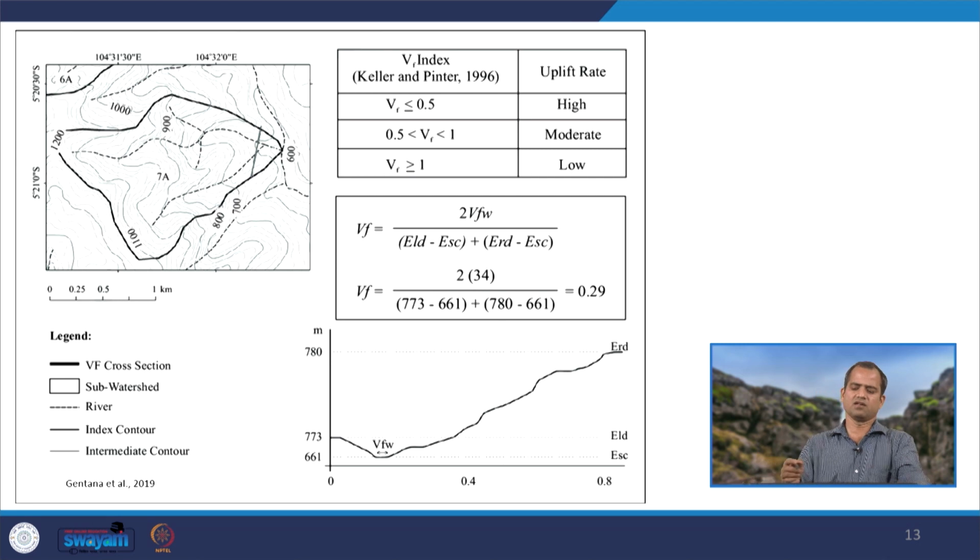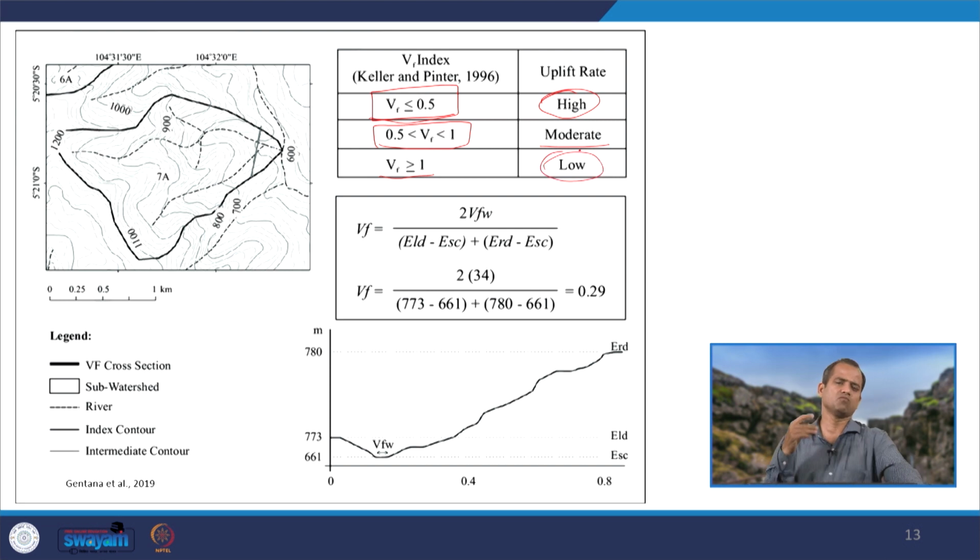And here, if you see, the uplift rate can be interpreted from this VF ratio. If VF is less than or equal to 0.5, that is called a high upliftment rate. Here it will be a V-shaped valley, and if it is 0.5 to 1, that is a moderate uplift rate, and if it is greater than or equal to 1, it is a low upliftment rate.